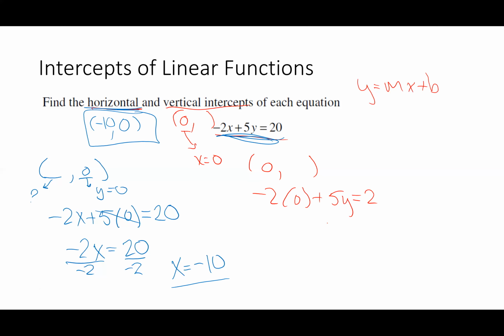So this knocks out, and I get 5y is equal to 20. Divide both sides by 5, and I get that y is equal to 4. There's my other coordinate pair. So these are my horizontal and vertical intercepts of this particular function.